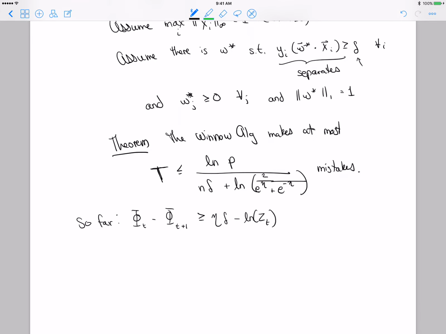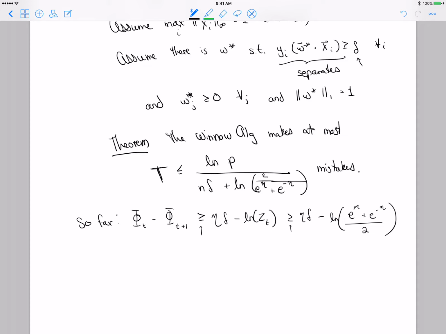Okay, so this step was proven in a previous video, and then we had another step proven in the second. This is the step 1 video, and this one is the step 2 video, which is that the negative log of z is greater than or equal to this term over here, log of (e^eta + e^-eta) divided by 2.